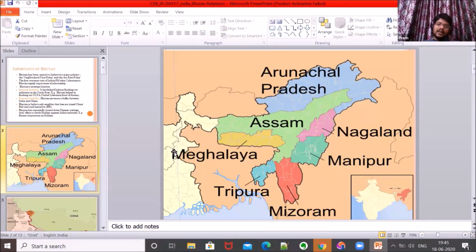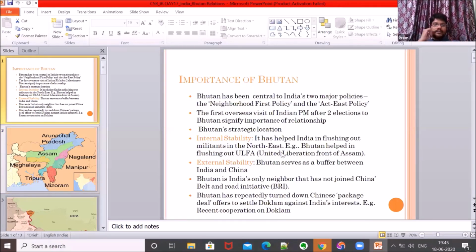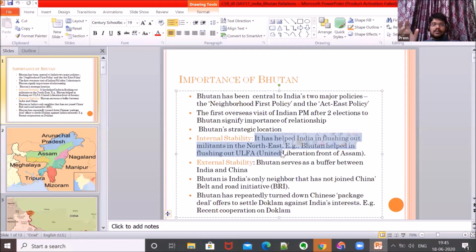So if India maintains good relations with Bhutan and has some influence over its foreign policy, then we can prevent at least some Chinese excesses in this northeast region. It will become an asset for us in the region. That is why having good relations with Bhutan is very, very important for India. And that is why in the editorial also, the author was talking about having good relations with Bhutan and Nepal. So that is external stability, and this is internal stability.